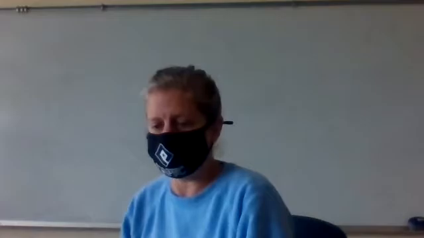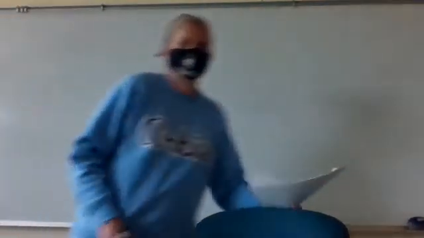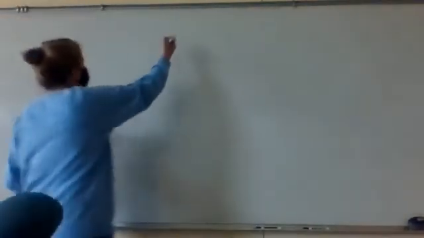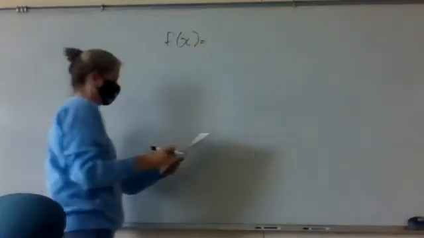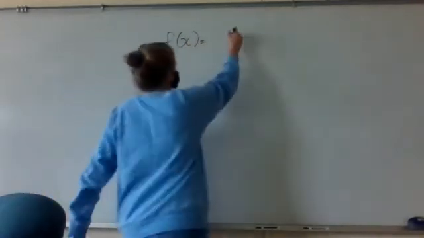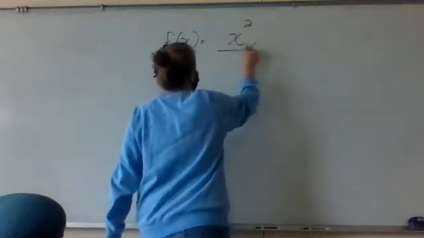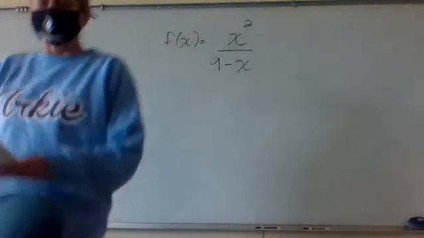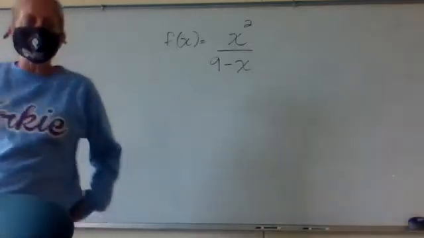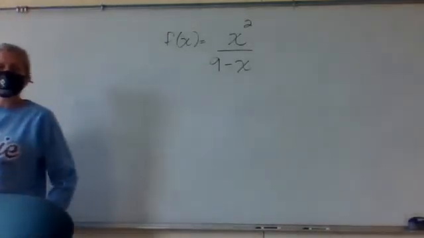So looking at a problem like number 1, it says determine the domain of this function. And we have f of x equals x squared over 9 minus x. Okay, so if we're going to find the domain, we need to find out what makes this undefined.